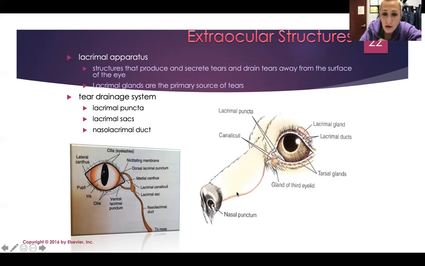And that nasolacrimal duct is a tube that goes all the way. So if you've ever cried, been super sad, and your nose gets really runny, that's because you've produced all these tears and then your body is trying to drain them out and rinse your eye. So it comes out through that nasolacrimal duct and drains into your nose and drips out. So that's how that works.